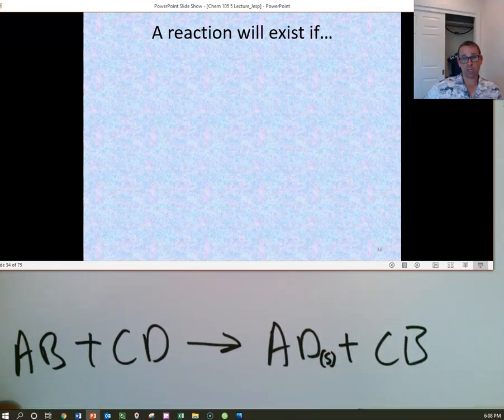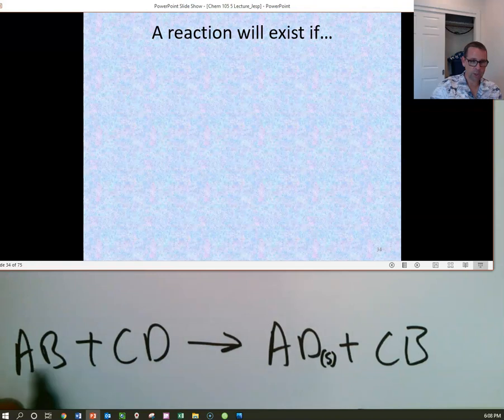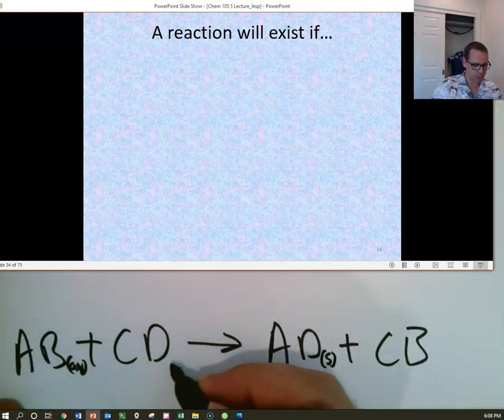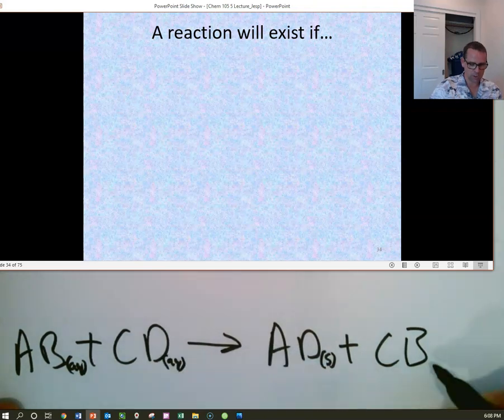A reaction will occur if the combination of the ions, remember these are aqueous, and so they are all dissociated in water, forms a solid, right?